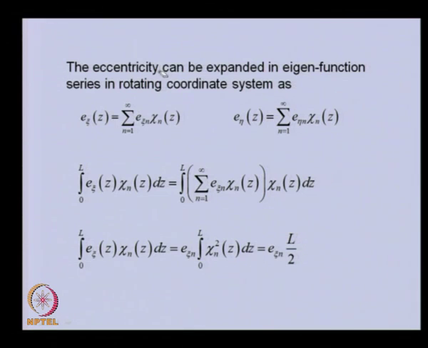So, if we can express the response in terms of eigenfunction, then why not the force? Basically here the eccentricity gives a centrifugal force, because of that we are getting a response, and that response earlier we expanded in the form of eigenfunction. So, here we are expressing the eccentricity in the form of eigenfunction of the system.